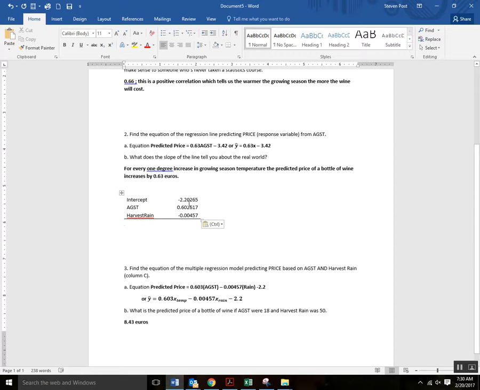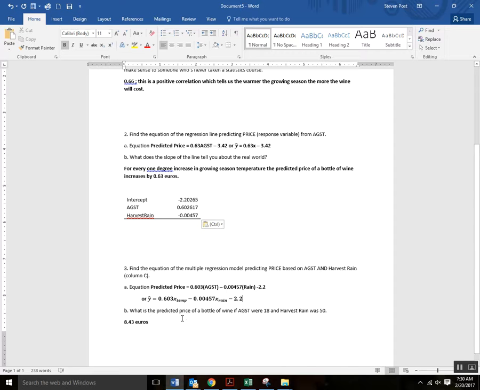Well, if you want to use x's and y's, y hat equals 0.603 x sub temp minus 0.00457 x sub rain minus 2.2. If you use variables, you have to identify what your variables stand for. You can't just have x in both these places because they're not both the same x.